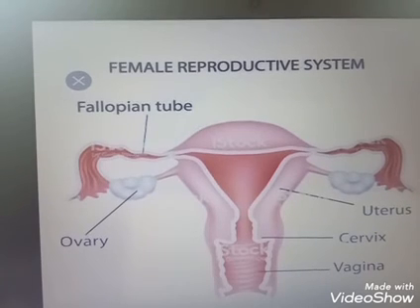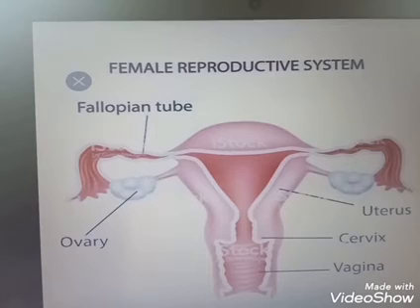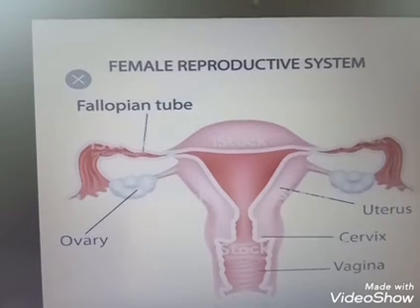The uterus, also called the womb, is the organ in which the growing fetus is nourished till childbirth. The uterus is like an inverted pear, and it is supported by ligaments attached to the pelvic wall. It consists of the body of the uterus, known as the corpus, a narrow cavity known as the uterine cavity, and the cervix portion.